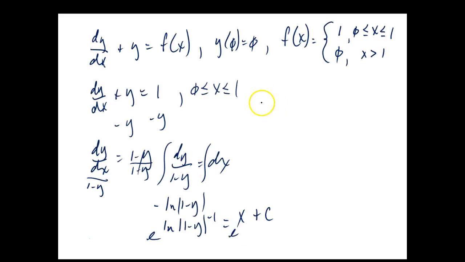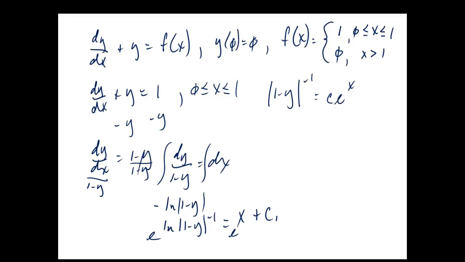So this would give you the absolute value of 1 minus y to the minus 1 equal, and I'm going to rewrite that as c e to the x. Okay? Not the same c. Call this one c1. That would be e to the x times e to the c1. E to the c1 is just a constant. Call it c. Okay.